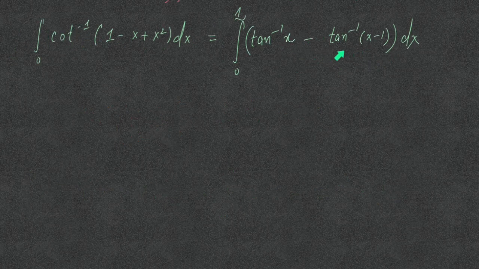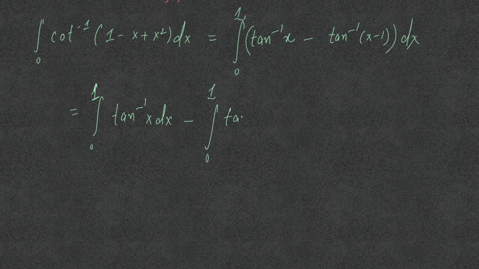Now using king rule here, we get integral 0 to 1 tan inverse of x dx minus integral 0 to 1 tan inverse of (1 minus x minus 1) dx, using king rule in this integral.